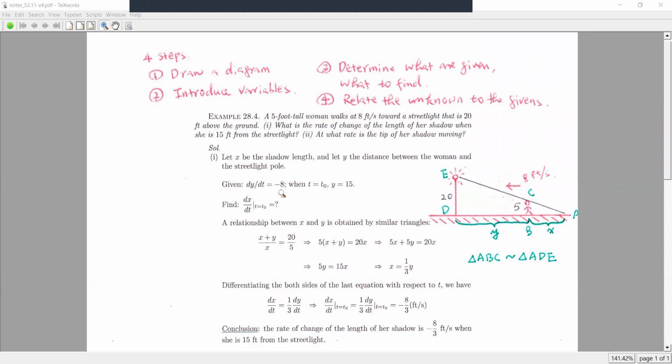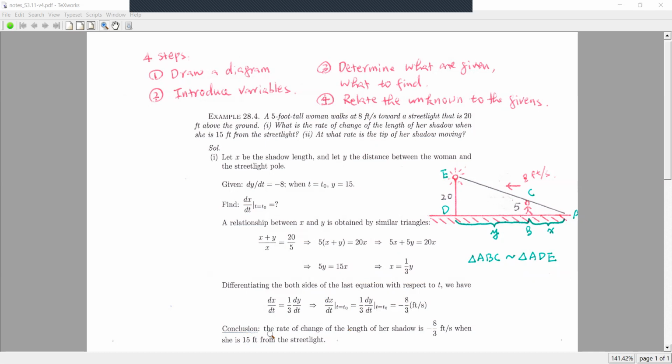Plug in negative a for dy/dt, then we have negative 8/3. So the decreasing rate of the length of the shadow at the time T0 is negative 8/3.